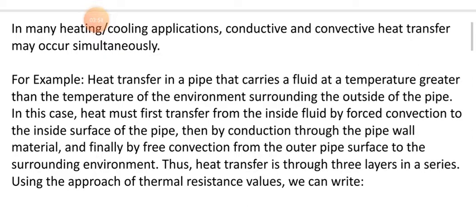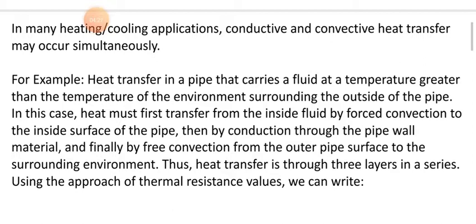In this case, heat must first transfer from the inside fluid by forced convection to the inside surface of the pipe. So firstly heat is transferring from water to the inside surface of the pipe. Then by conduction through the pipe wall material. If the thickness is 10 centimeters, then across this 10 centimeters the heat will be conducted by the conduction method.